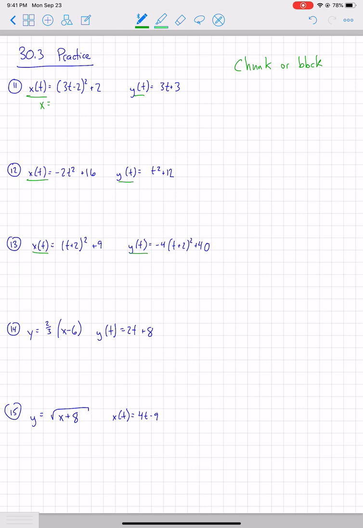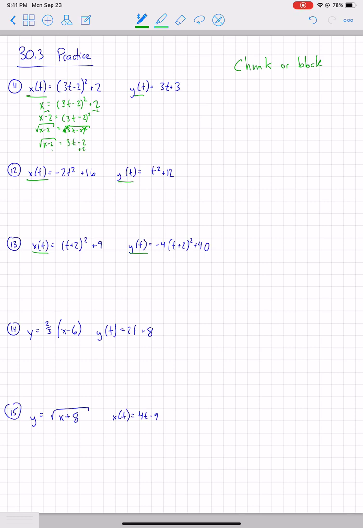We have x is equal to the quantity of 3t minus 2 squared plus 2. So we need to start solving for t. So I subtract 2 on both sides. All right, and then to undo the square, we have to take the square root of both sides. So we get the square root of x minus 2 equals 3t minus 2.